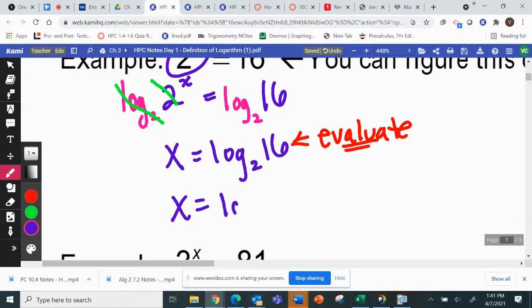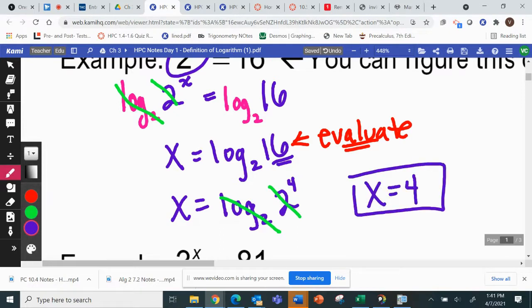So what you want to think about here is I cannot change what base is on the log, but I can use substitution to get rid of 16 and make that 2 to some power. What is 16? 2 to the what power? 4. When I make that 2 to the 4th, log base 2 and a base of 2 undo each other. They're inverses. And now I have x equals 4.